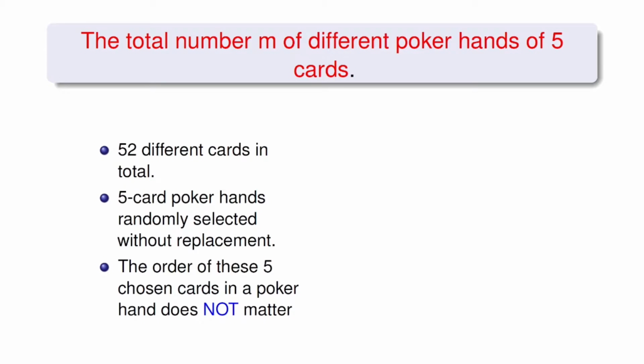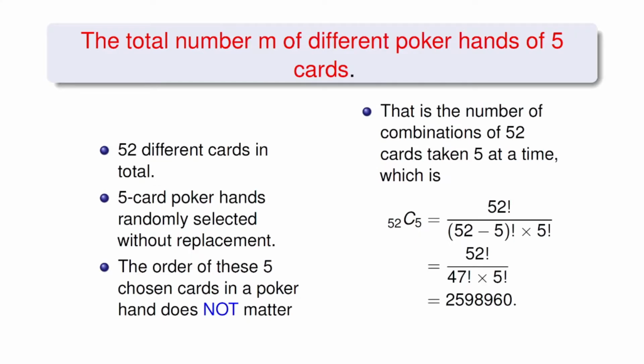Another thing we want to mention here is the order of these 5 chosen cards in a poker hand does not matter, right? No matter how they are ordered one after another, it doesn't matter.